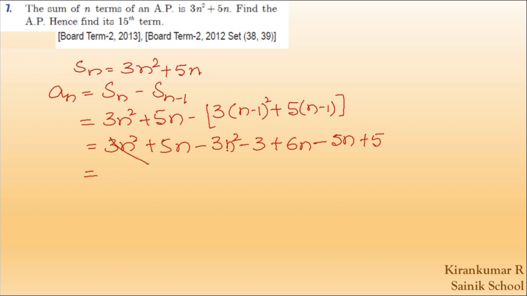So here 3n square will get cancelled, 5n will also get cancelled. We will be getting 6n plus 2. So An is 6n plus 2.